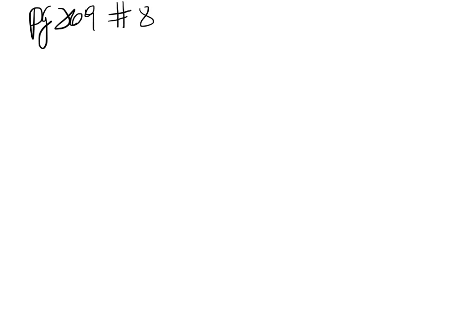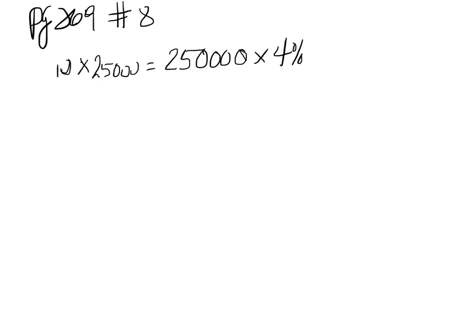Like I showed you previously in the other problem, I took the $10 par times the 25,000 shares. Ten times 25,000 equals 250,000, times the 4% value that they're going to get dividends based on.